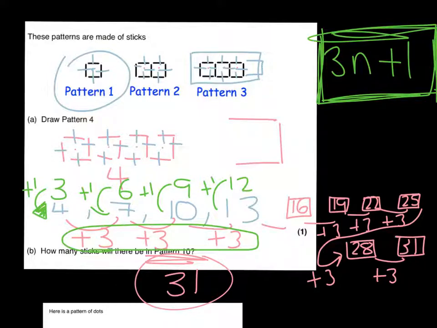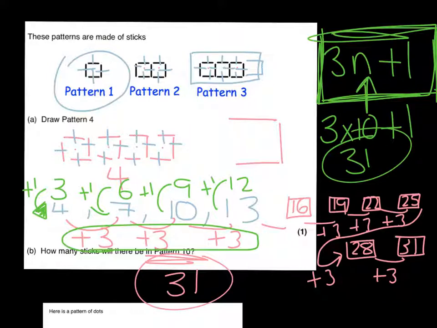So if we wanted the 10th position, the 3 lots of 10 would be 30, but we need to add 1 to be 1 in front of the 3 times table. So 31, same answer. This one involved a little bit more mathematical thought, but if you know it, use it.